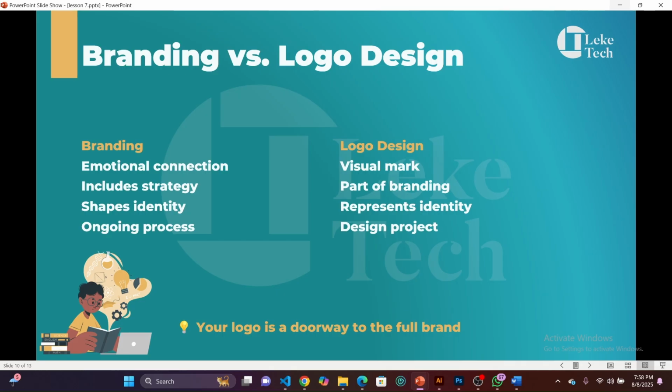Branding experts means the person is saying, I'm not just going to design another logo for you to use or another flyer. I'm going to design the entire experience people have with your brand from start to finish. That's what branding professionals do, which is different from just a regular graphic designer who will design you a logo, a flyer, or a poster.